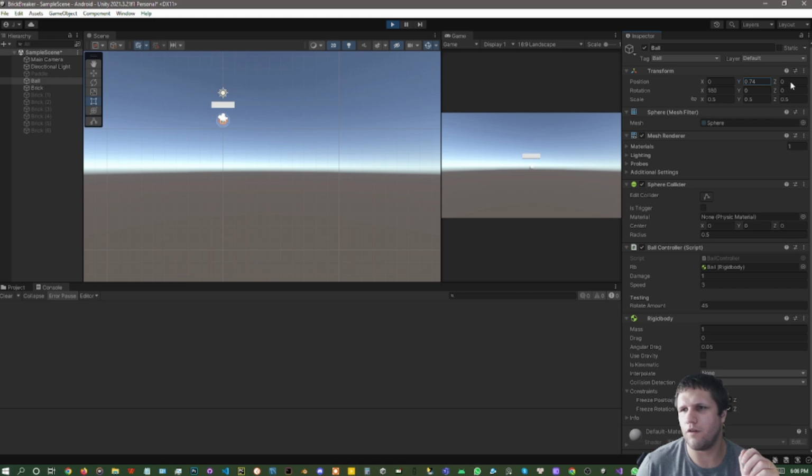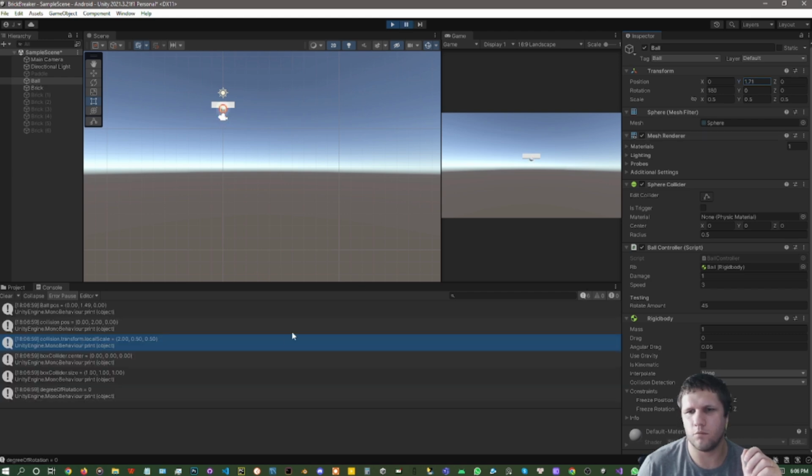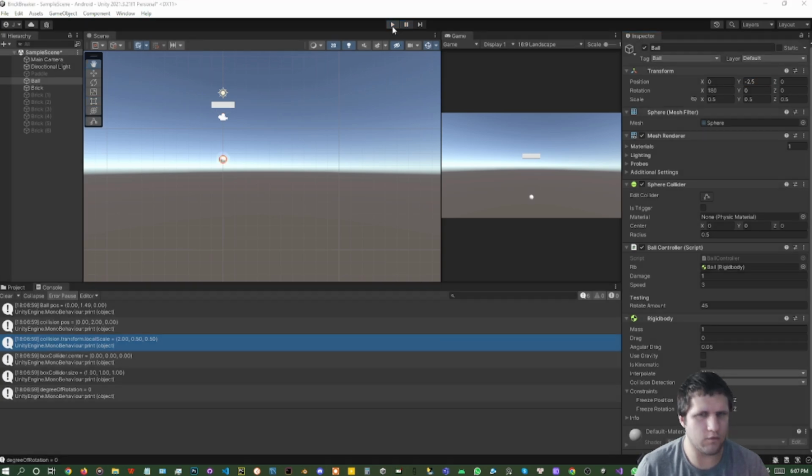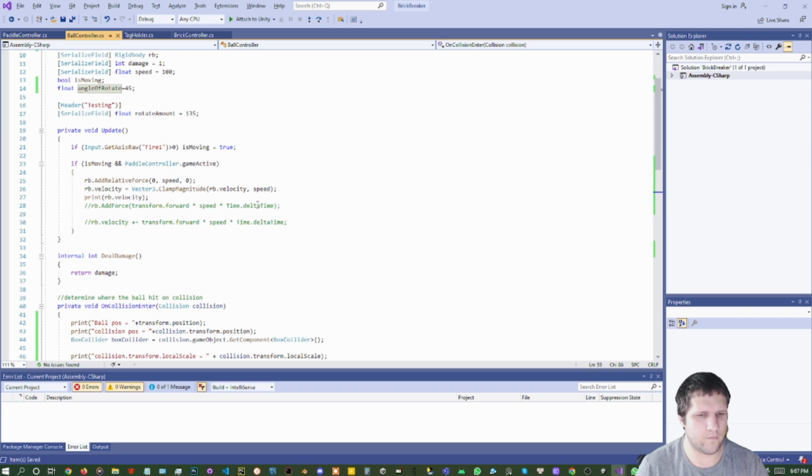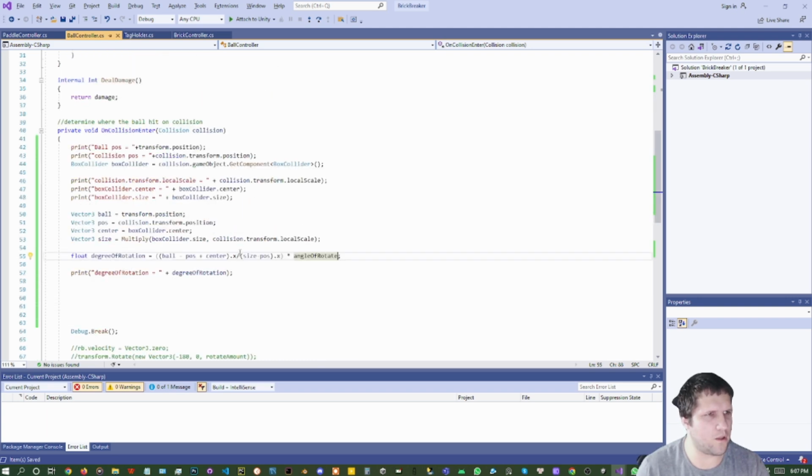Okay, we have the ball moving up. 0. That is very possible if, okay. Well then let's print it out along the way.